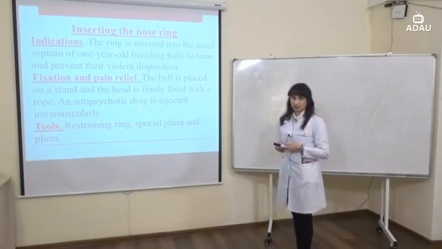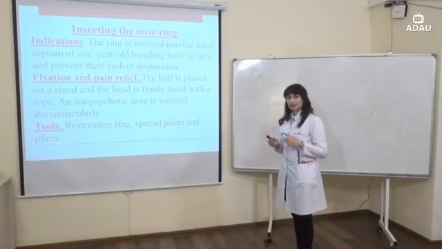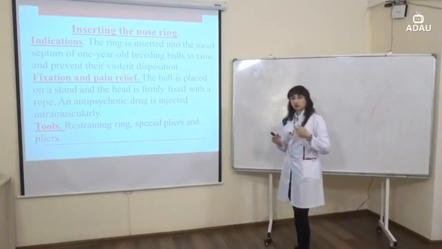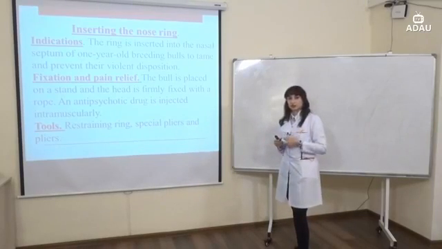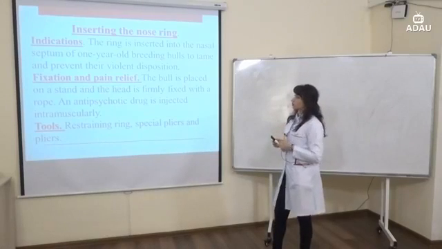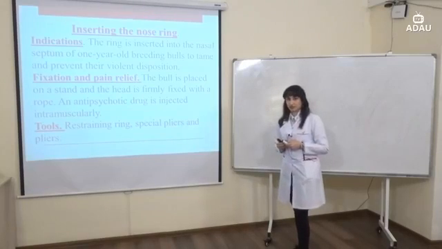Why should we use it? Indications: the ring is inserted into the nasal septum during anesthesia, in the breathing bulbs, to prevent violent disposition, and for fixation and pain relief.